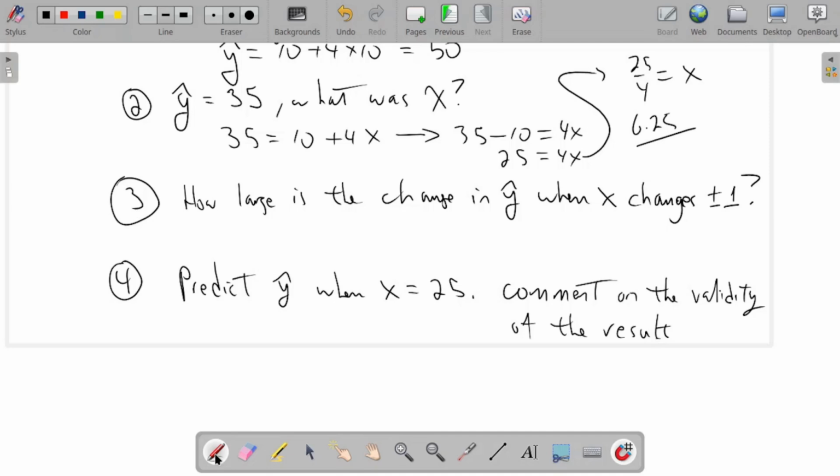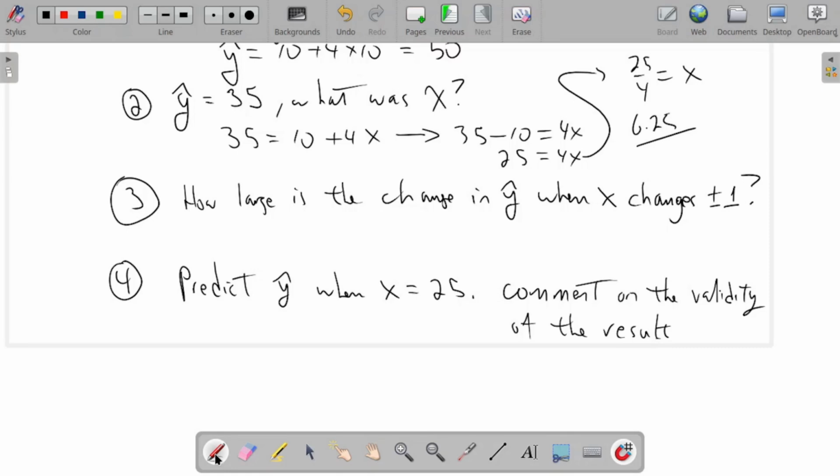We're going to keep it simple here, plus or minus 1 unit. And you can do this a number of different ways. You can compute with two different values that differ by 1, so x could be 6, and then x could be 7, and subtract the 2, and that'll give you the answer.